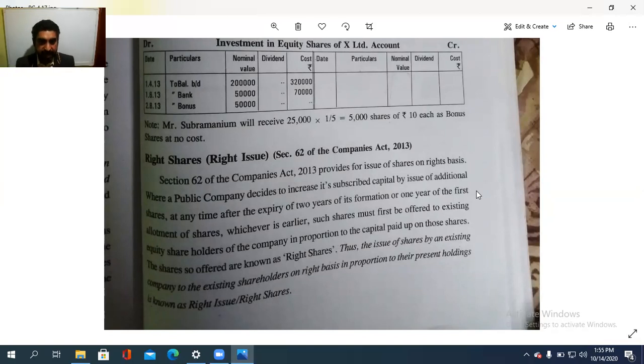Therefore, once again, the issue of shares by an existing company to the existing shareholders on right basis in proportion to their present holdings is known as right issue or right share. Clear? അതായത് ഇത്രയേ ഉള്ളൂ. ബോണസ് ഷെയർ എന്ന് പറഞ്ഞാൽ അക്യുമുലേറ്റഡ് പ്രോഫിറ്റ്സിൽ നിന്ന് എടുത്തു കൊടുക്കും. ഇതെന്ന് പറഞ്ഞാൽ അഡീഷണൽ ഷെയർ ഇഷ്യൂ ചെയ്ത് കൊടുക്കുന്നു. രണ്ടും തമ്മിൽ വ്യത്യാസമുണ്ട്.